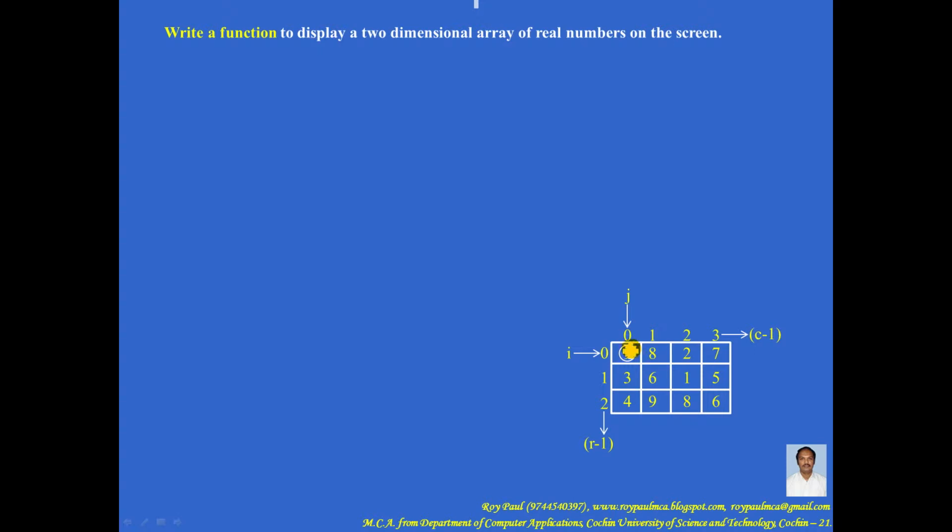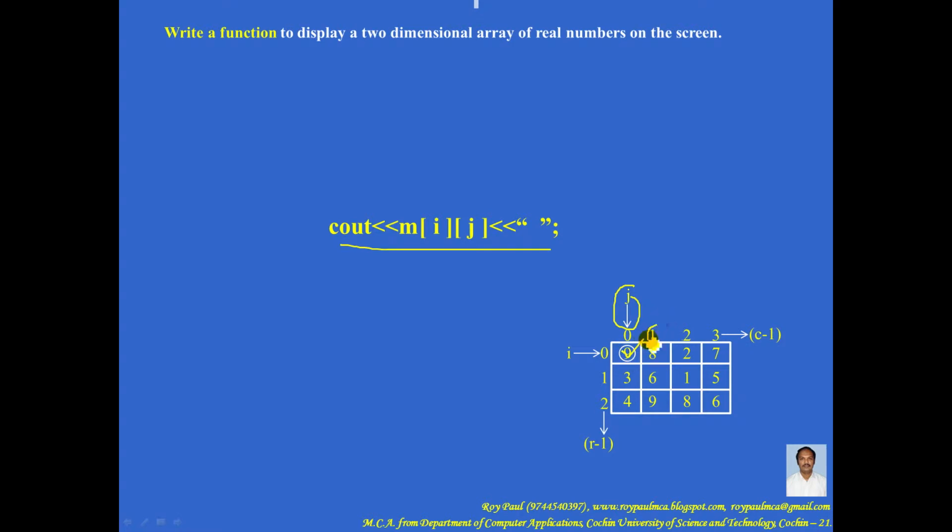If you want to display this element, the code can be written as cout, output operator, m of i j, output operator, space, because after displaying one element there should be a space. In this code, if I substitute j as 0, I get this element.